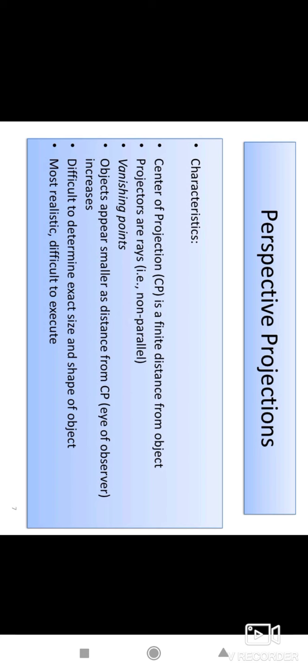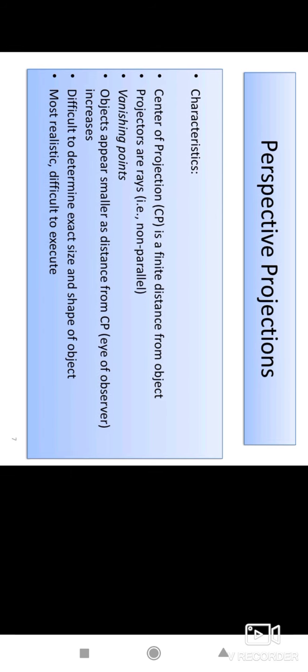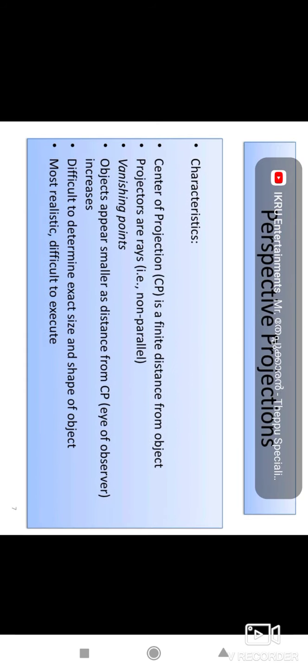It has some vanishing points, and the object appears smaller as the distance from the center of projection, or the eye of the observer, increases. It is difficult to determine the exact size and shape of the object, but it is realistic and difficult to execute. These are the characteristics of perspective projection.